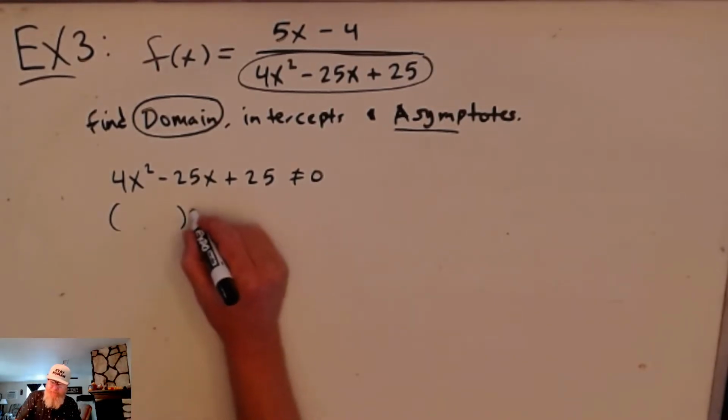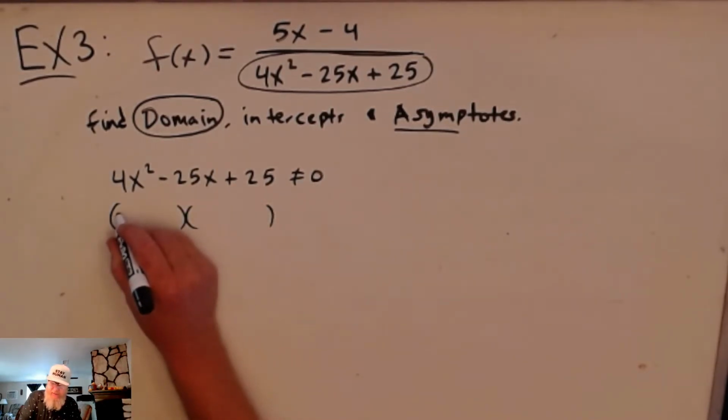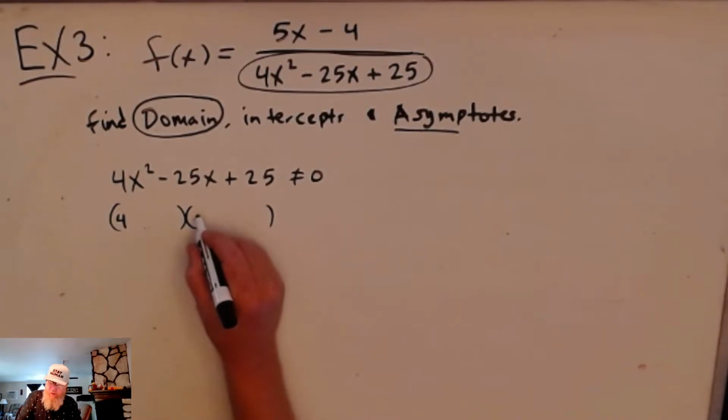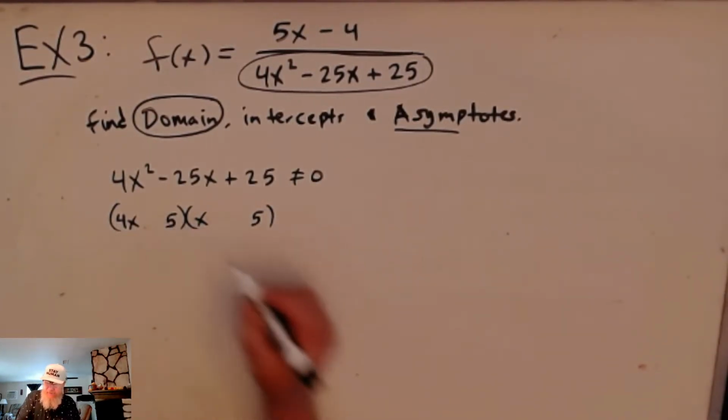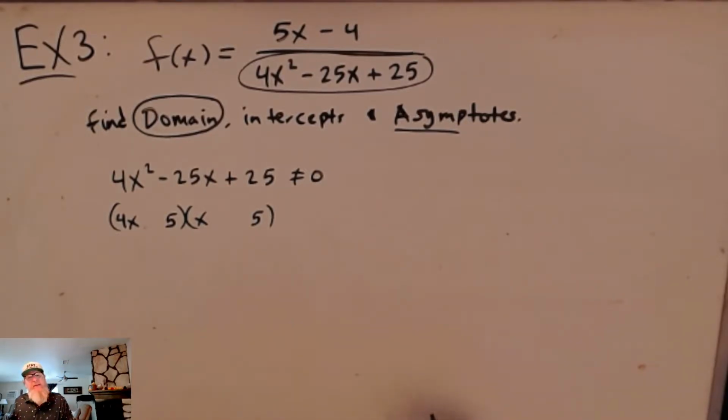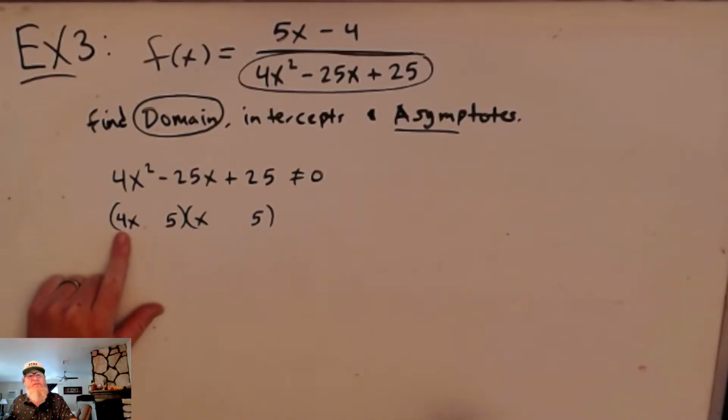All right. Again, factoring is key here. So we got, say, 4 and 1, and 5 and 5. Yeah. And I just guessed, just sort of a moderate guess. If that didn't work, I might have tried 2 and 2 instead of 4 and 1.